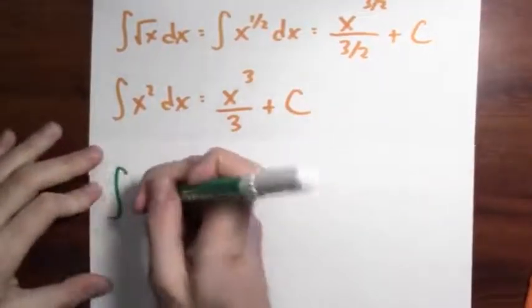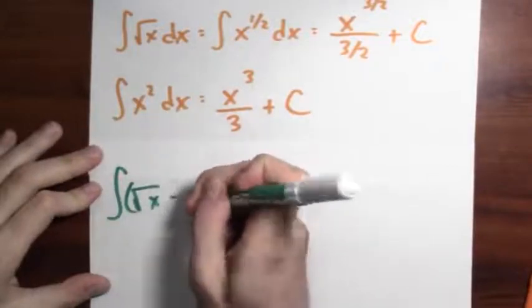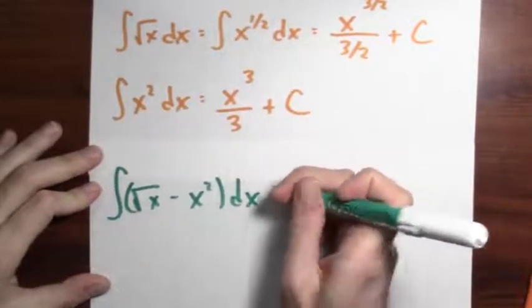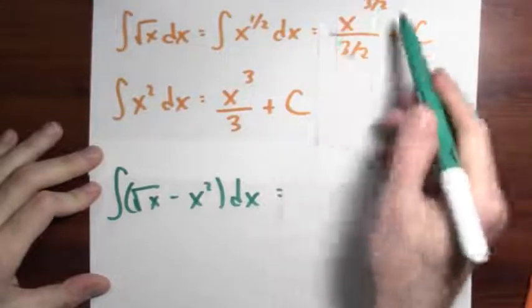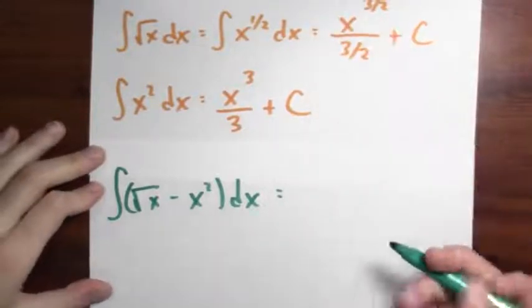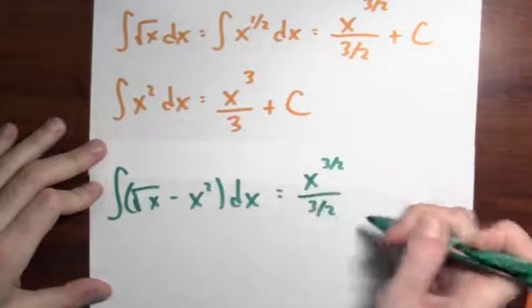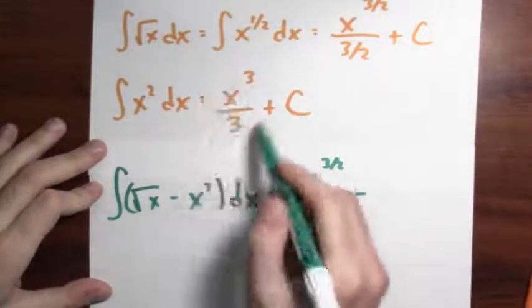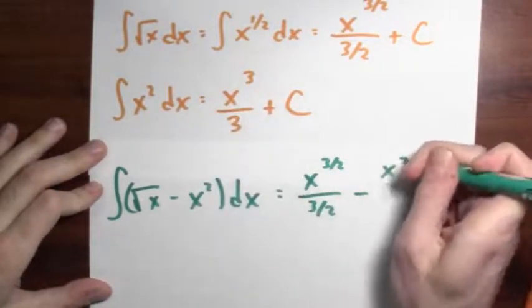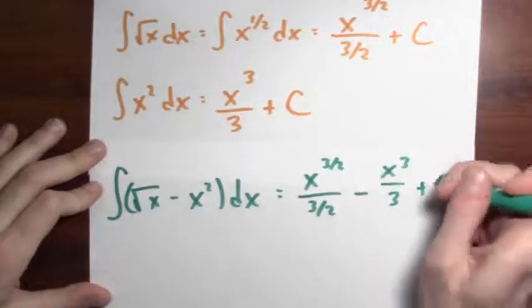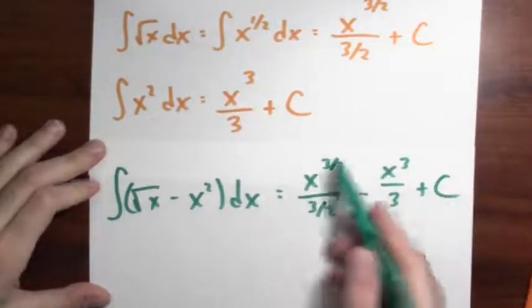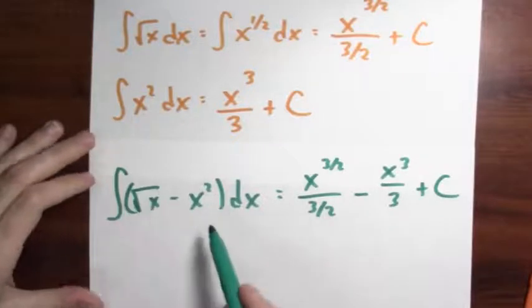So the antiderivative of the square root of x minus x squared is the antiderivative for the square root of x, which is x to the 3/2 over 3/2, minus the antiderivative for x squared, so x to the 3rd over 3. So there's the general antiderivative for this.